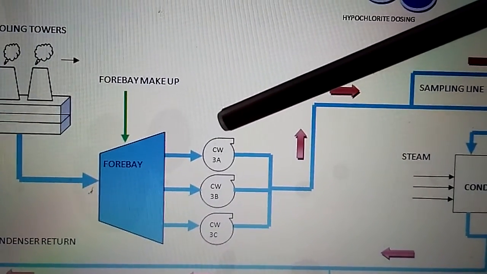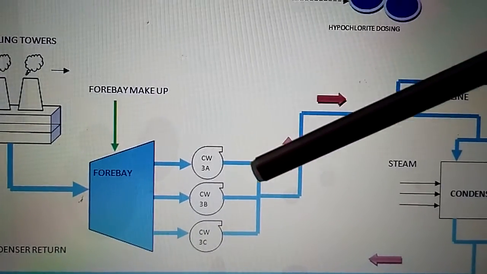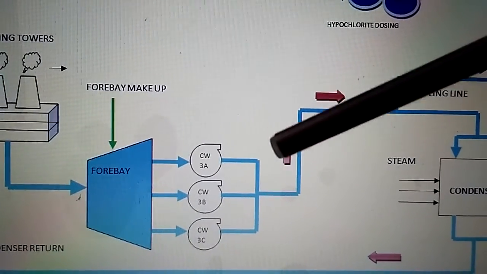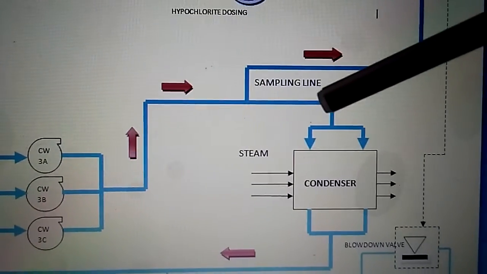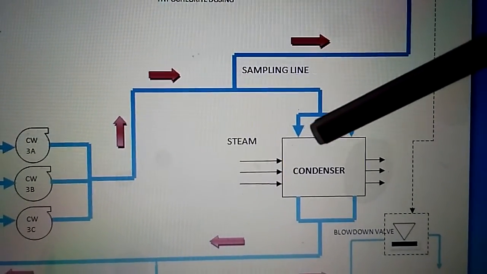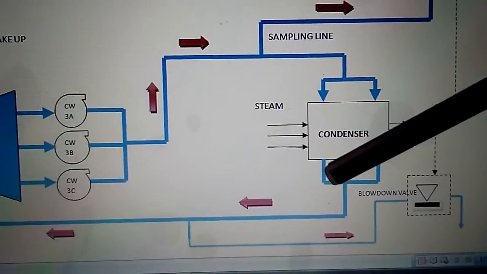One pump runs at a time, and these pumps give water to the condenser where it cools the steam, and in the process it gets heated.